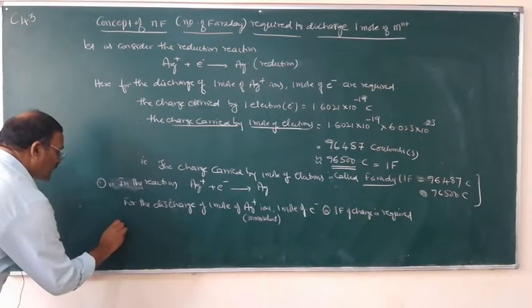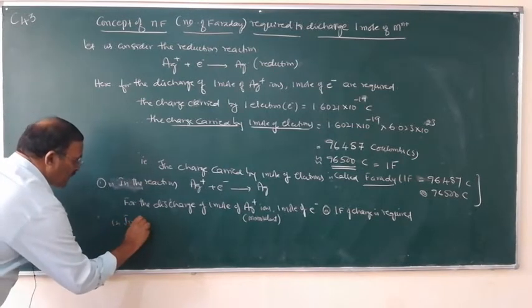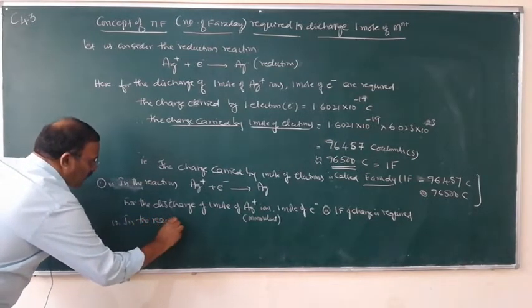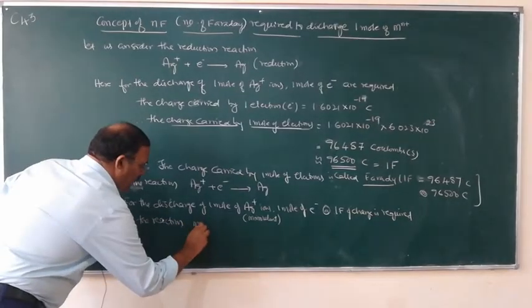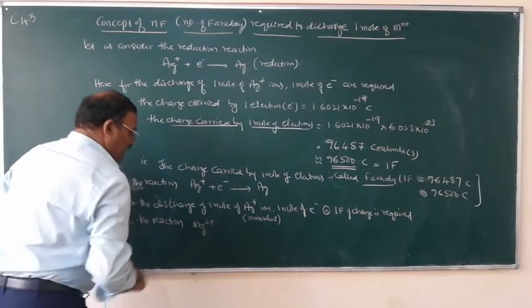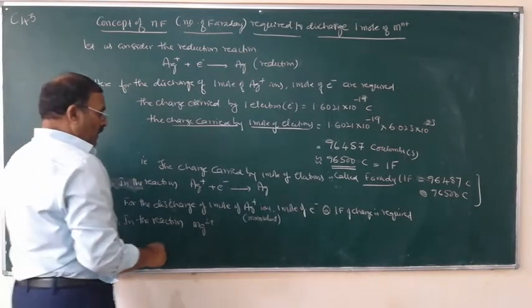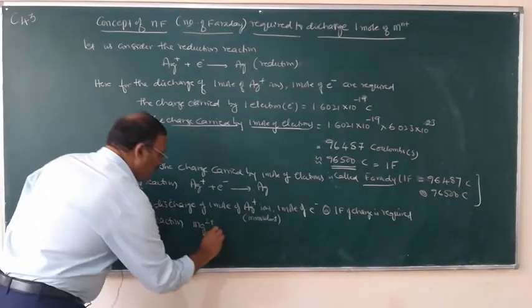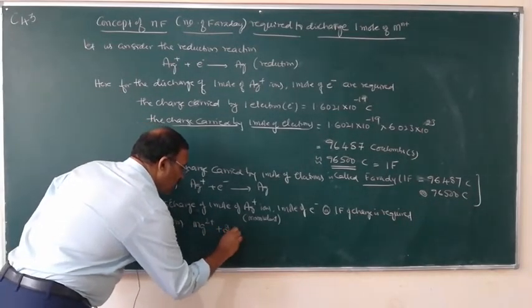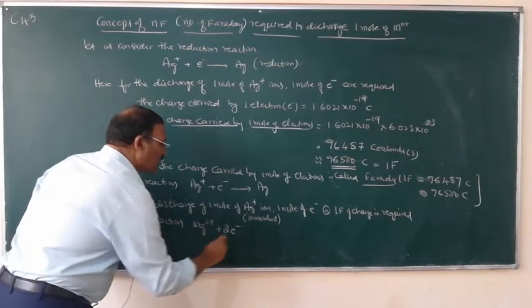Similarly, example 2, in the reaction Mg2 plus plus 2 electrons gives Mg, Mg2 plus is a bivalent ion. We need 2 moles of electrons.